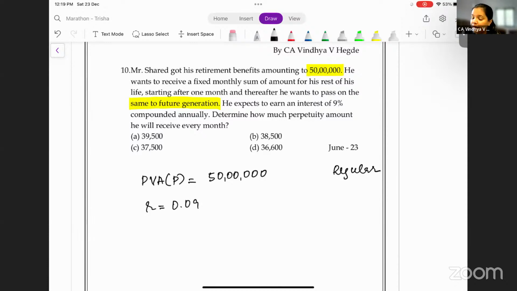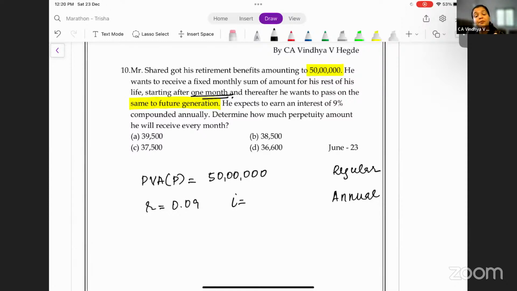0.09. Compounded annually. Okay. But this he wants after every month. Annuity he wants every month. Yes. Annuity he wants every month. Okay, so what you need to do here is, first of all, you need to find out what is I, because annuity he wants every month.